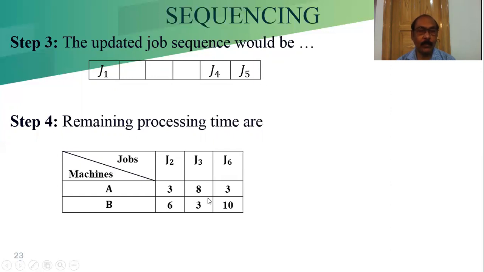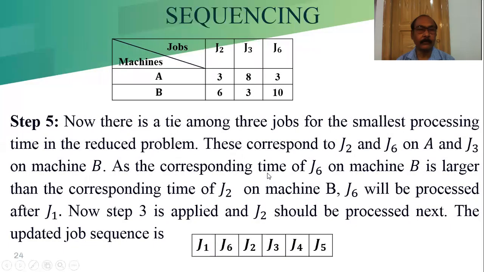So which one will go first, which one next, and which one before the last. Now there is a tie among the 3 jobs. Those 3 jobs are tied for the smallest processing time in the reduced problem, corresponding to J2, J3, and J6.